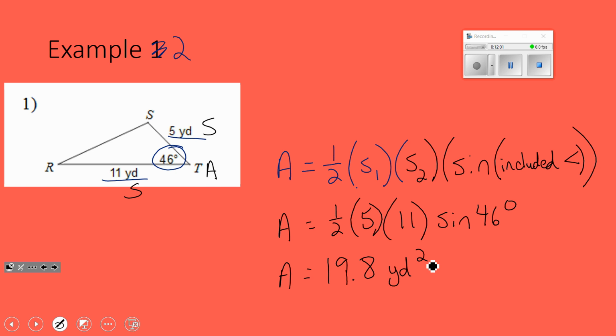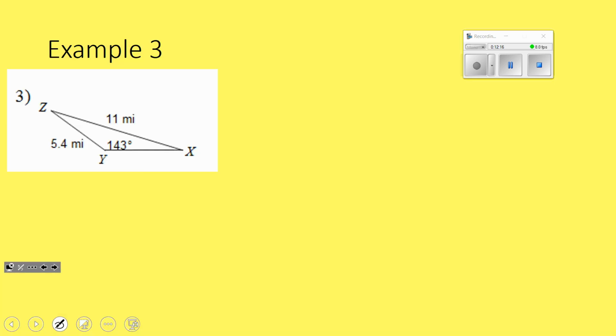Like if you had side, side, side, and you found the included angle using your law of cosines, you follow me? Then you could go back to this formula. But it may be just as easy to go to Heron's formula instead of using law of cosines first. Okay? So let's look at this example. Now, my question is, do you have side, angle, side?